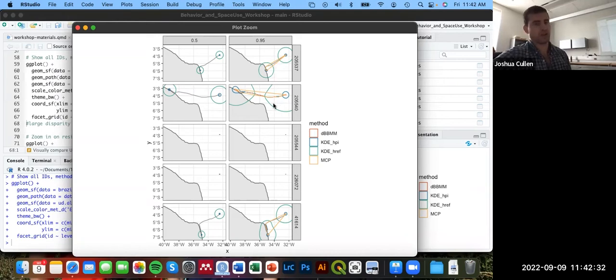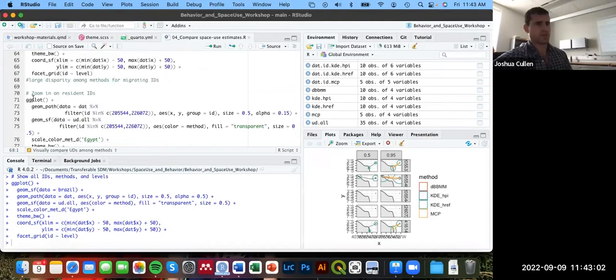The total area it's estimating is just smaller. But we do see that again, the plug-in method for kernel density estimation is probably more realistic, at least by comparison to the minimum convex polygon and the reference bandwidth method. And the dynamic Brownian bridge movement model is estimating the smallest amount of space use compared to the other methods.